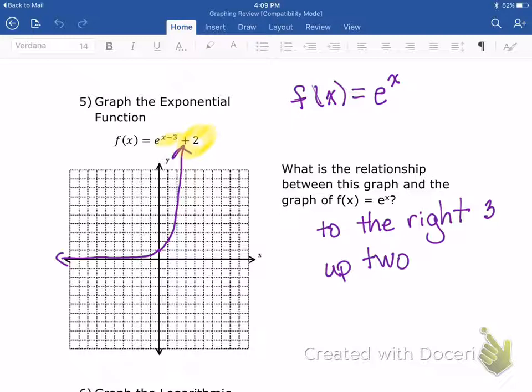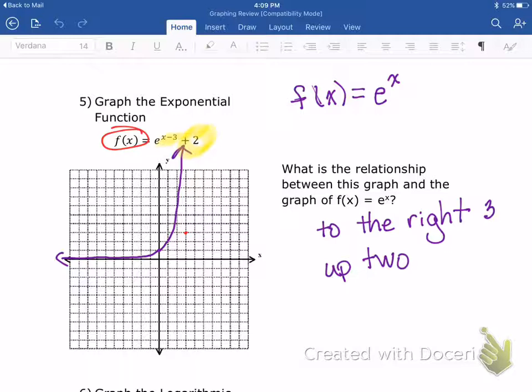Okay, so I'm going to take this point right here. I'm going to change colors. And I am going to move my y-intercept up 2 spots and over to the right 3. So that is going to be for this function right here.